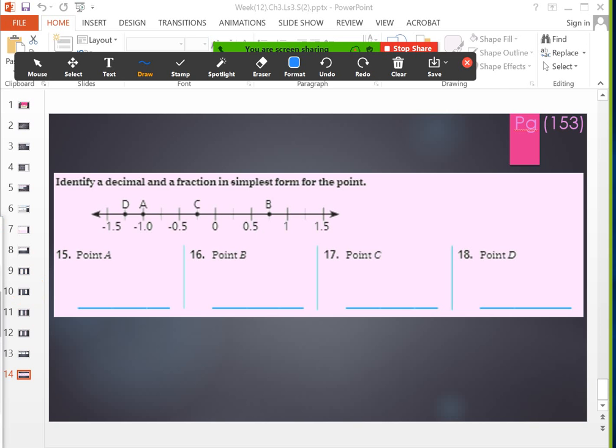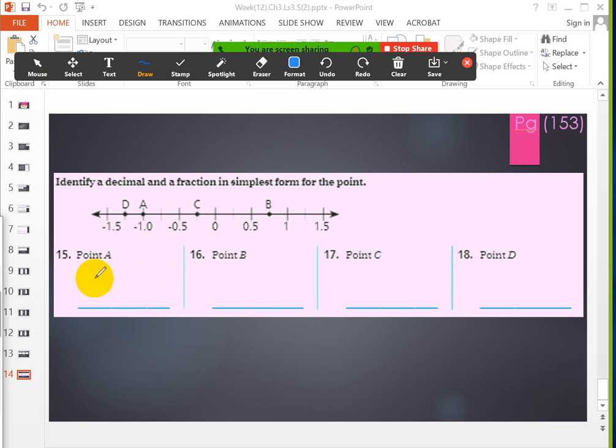Jenna, open your mic and tell me what's the number that represents point A. It's negative 1.0. Very good, Jenna, your answer is correct.